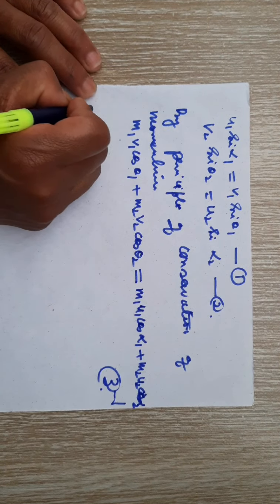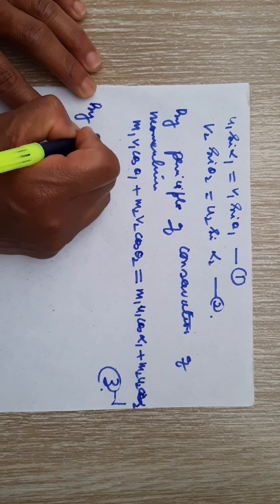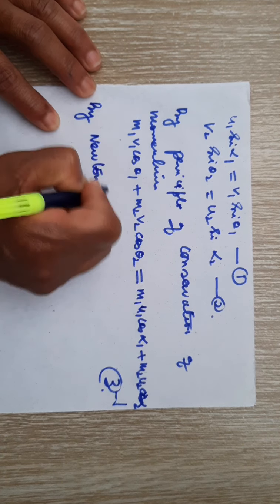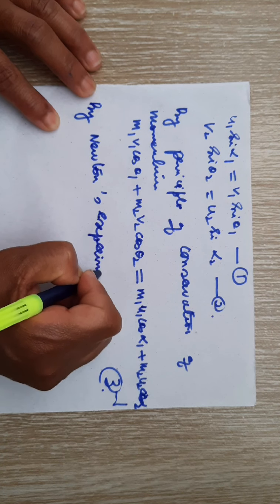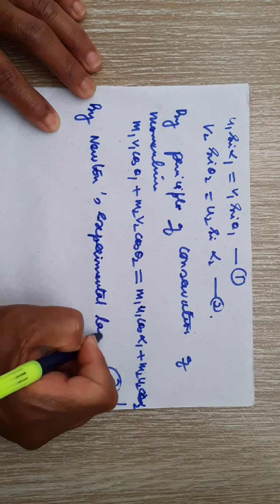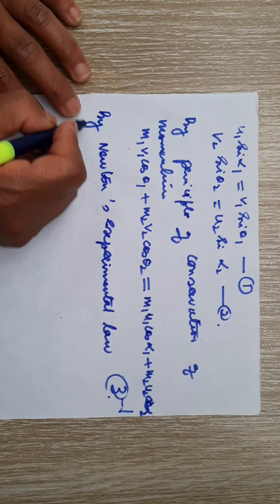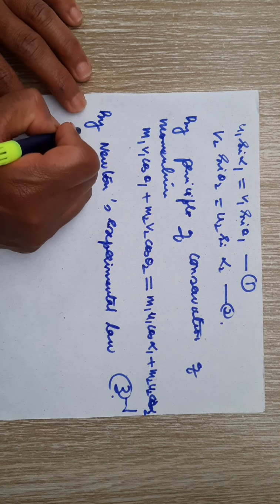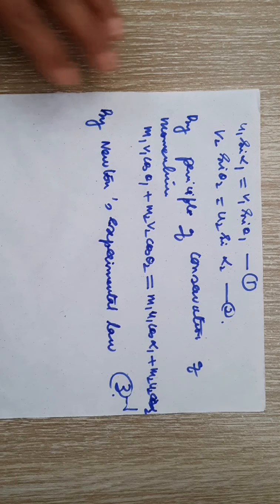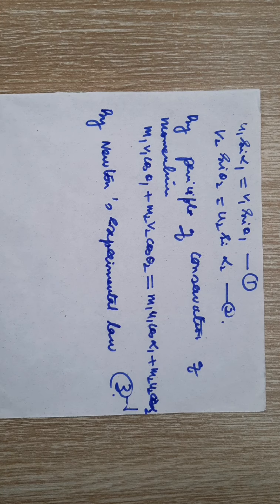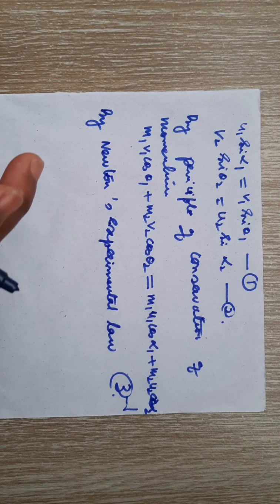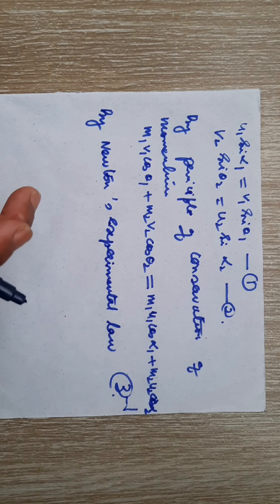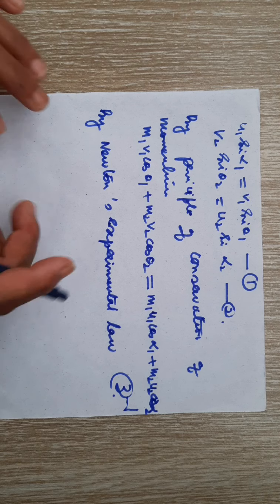Now next let us apply Newton's experimental law. By Newton's experimental law, the ratio of the relative velocity of separation to the relative velocity of approach is equal to the constant E, which is called the coefficient of restitution.